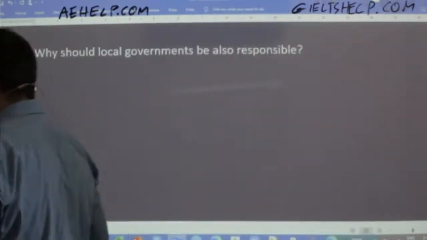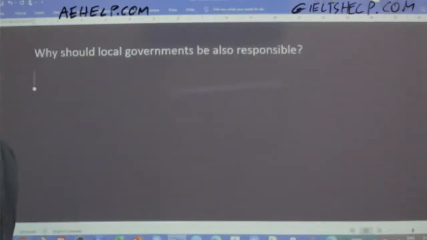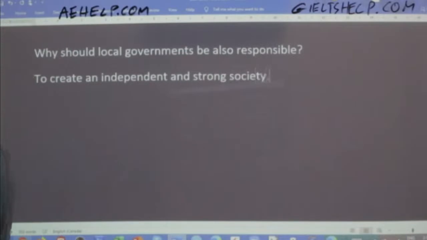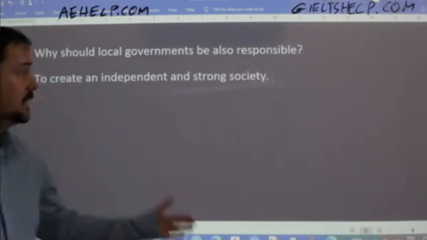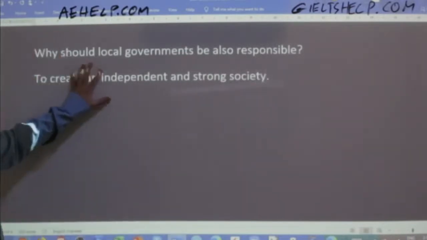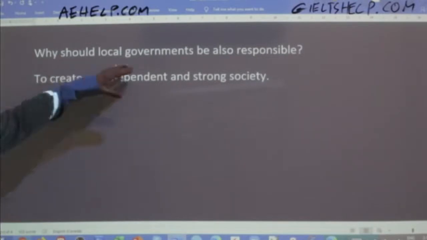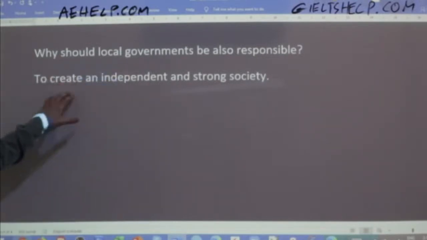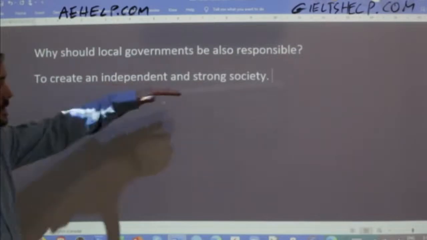Yeah, exactly. So why should local governments also be responsible to create an independent and strong society? Okay, so we can explain how and why in the explanation part, but arguably local governments need to be responsible so that you have an independent and strong society.